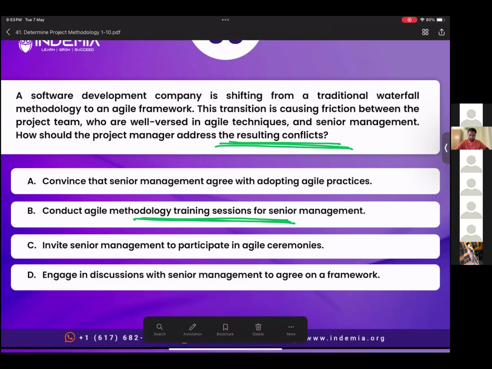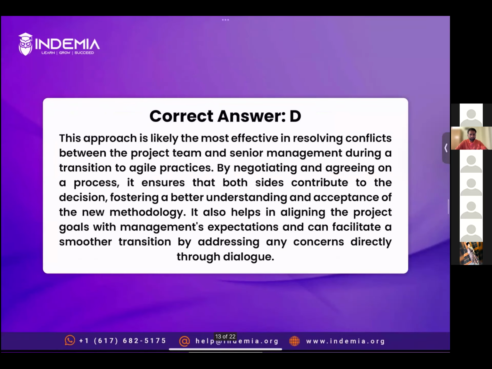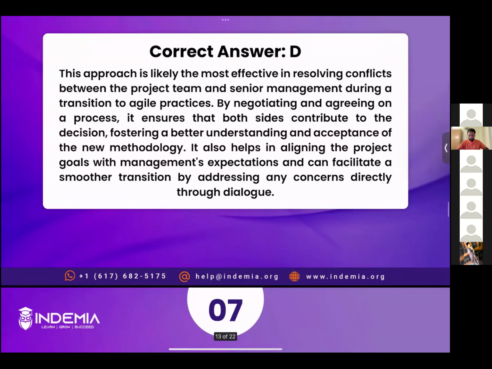All right, let's read the explanation. All right, next question.